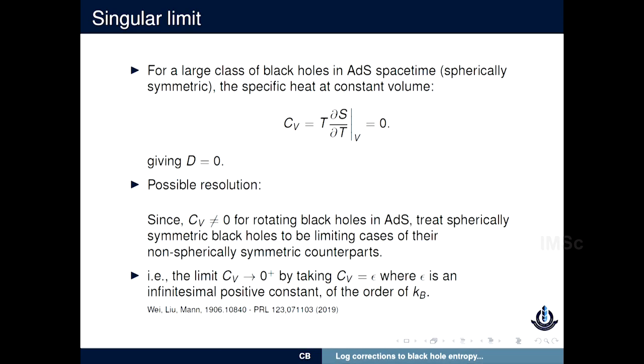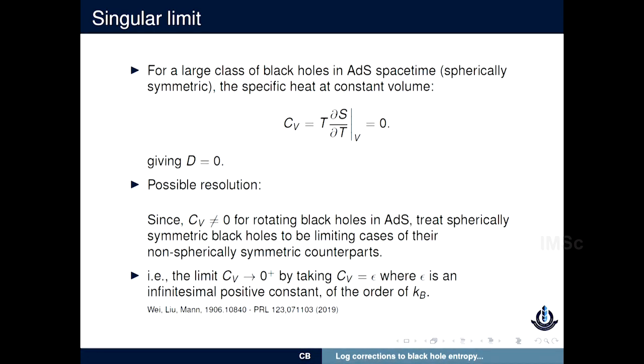But if you take a highly spherically symmetric situation, that is when CV is coming out to be 0. Now, in a traditional thermodynamic setting, CV going to 0 is like very low temperature fluctuations. So one can think of a situation where CV is proportional to Kb, the Boltzmann constant, and in some sense when you're saying CV equal to 0, you are thinking of the Kb going to 0 limit.